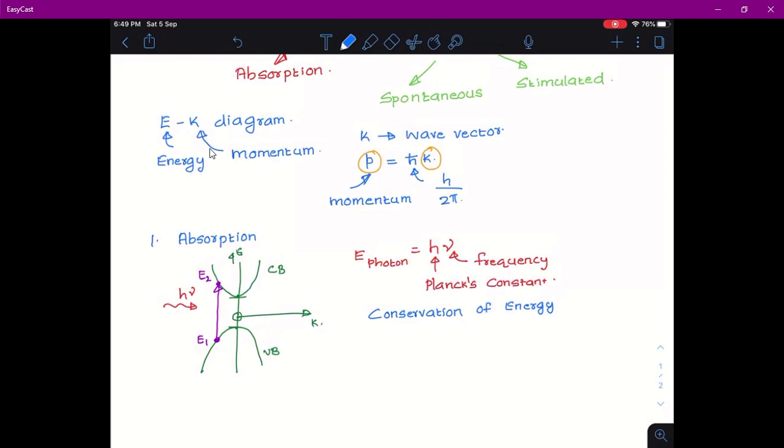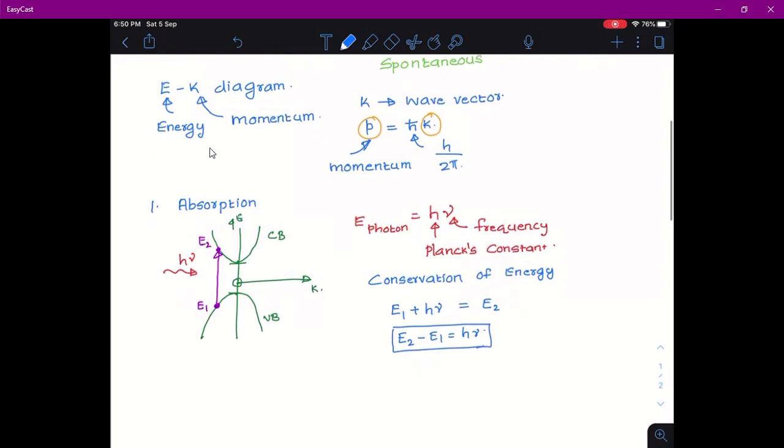That means before the photon hits, the system has energy E1; when the photon is absorbed, the total energy is E1 plus h nu. After the electron jumps to the conduction band, the energy is E2, and that should satisfy an equality. Or I can say E2 minus E1 should be h nu.